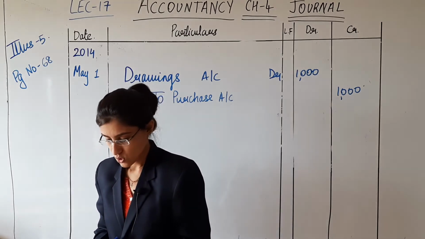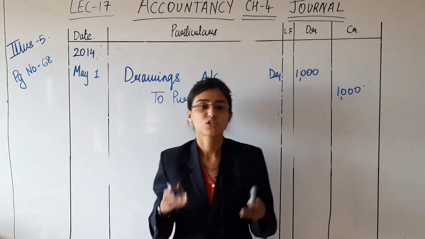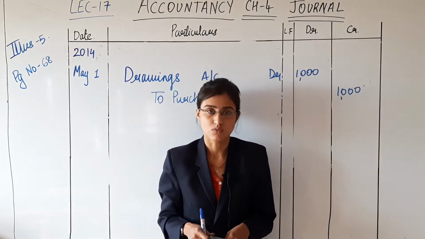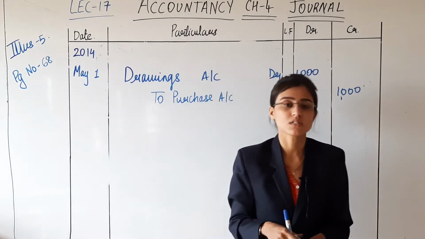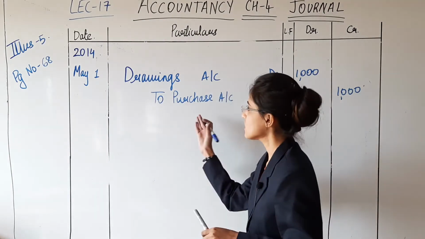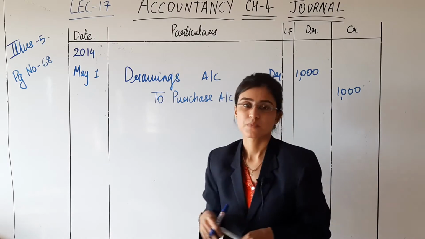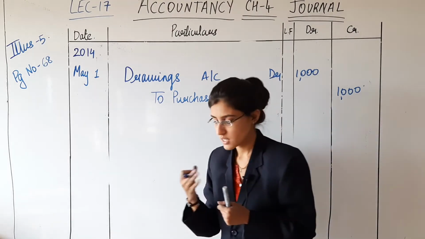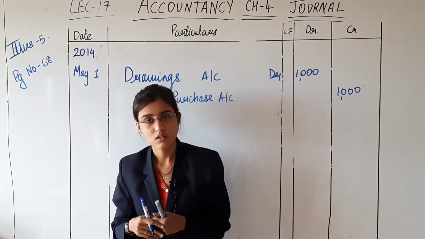Again to purchase account, because the balance of purchase account is reducing. Whenever it is reducing, it is to be credited. Withdrawal of goods for personal use, goods destroyed by fire, anything. In all these cases, purchase account will be credited.